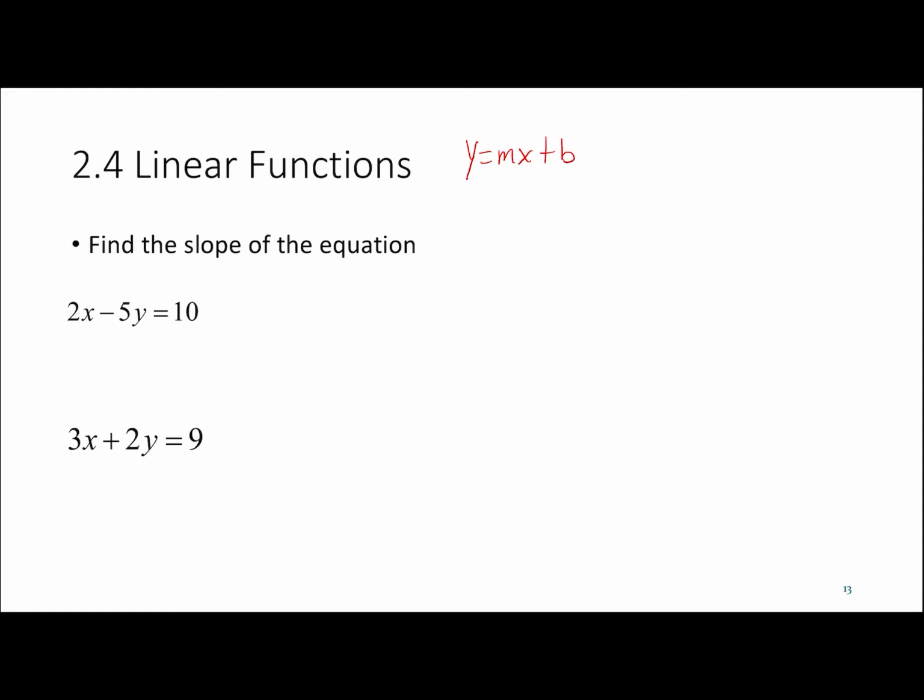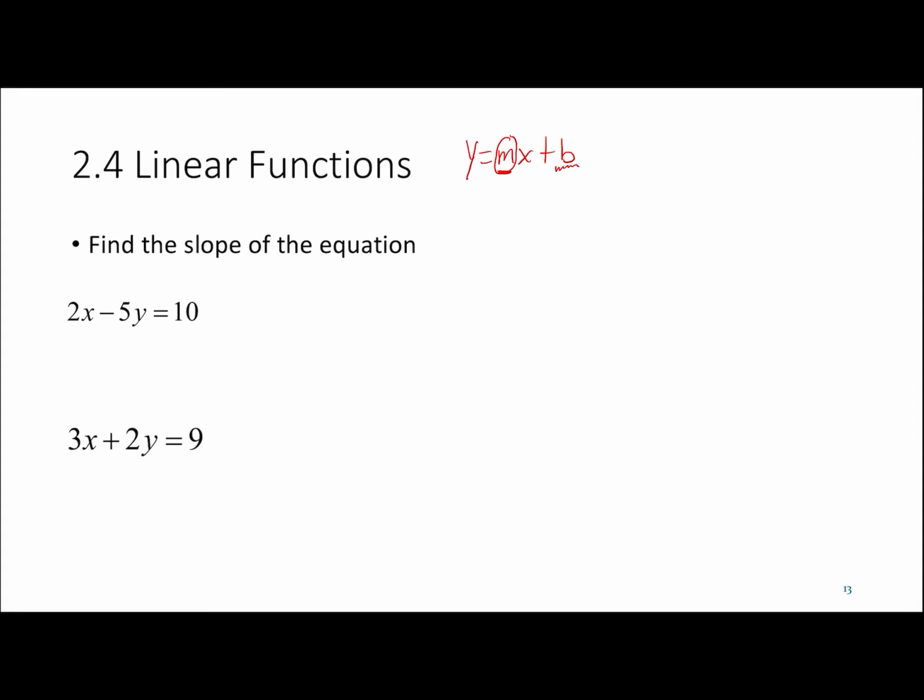And so if we're going to find it from the equation, we want to be able to take our equation and put it in this form, y equals mx plus b. It's called slope-intercept form. And it's called slope-intercept not because somebody said, you know what, that'd be a cool name for it, but because it literally tells us the slope, which is this m number, and the y-intercept, which we'll talk about later.